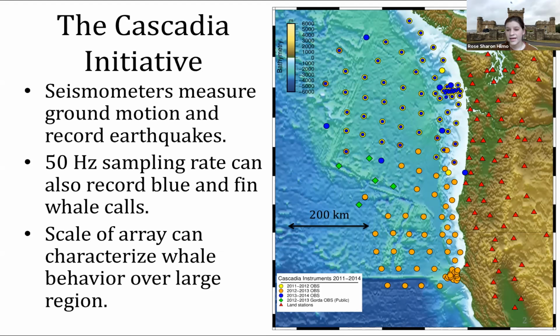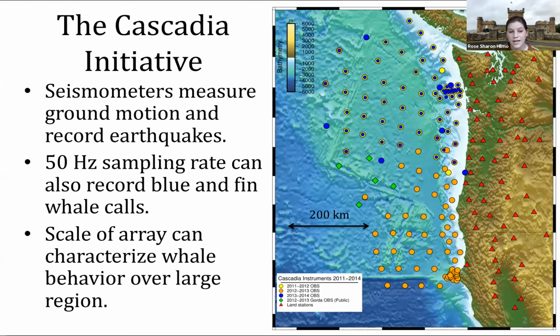That array was put out to study the seismicity of the Cascadia margin and possibly image the plate. But a side effect or extra benefit is that an ocean bottom seismometer, which measures ground motion, can also measure whale calls.